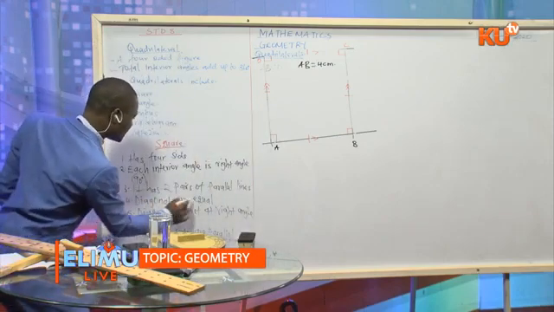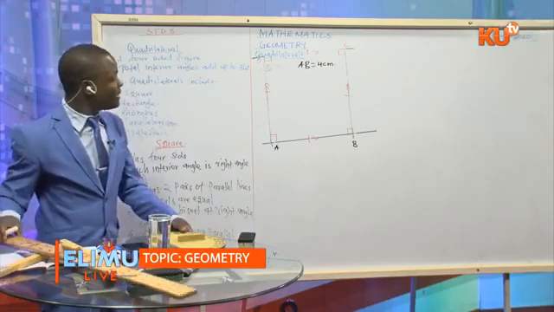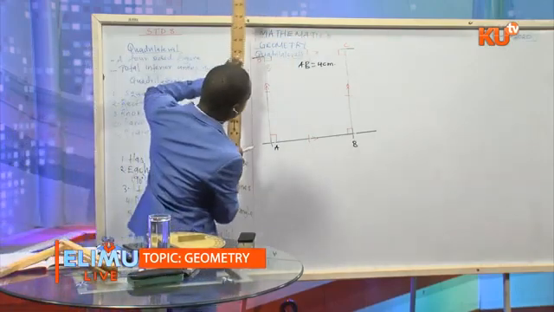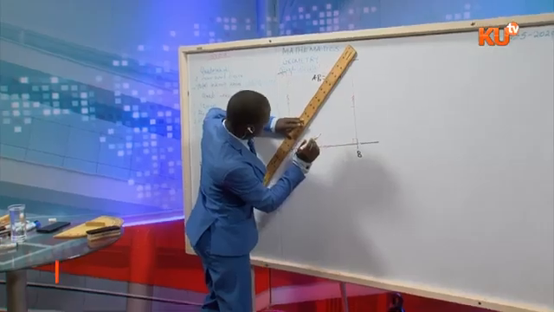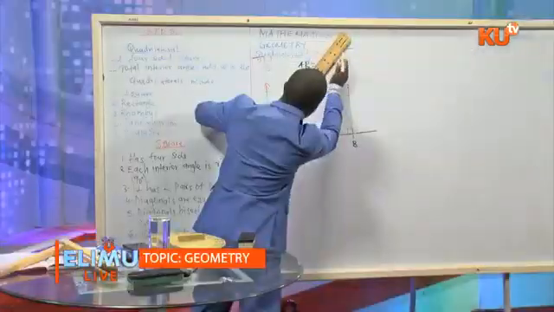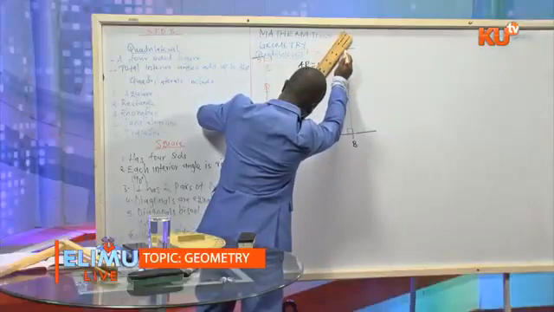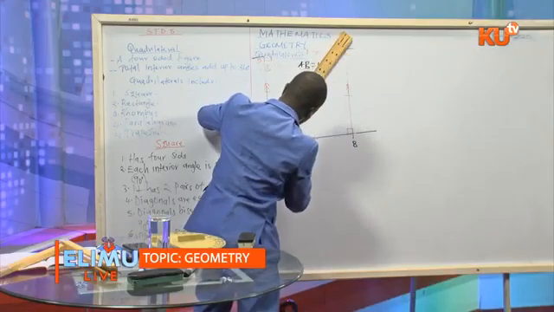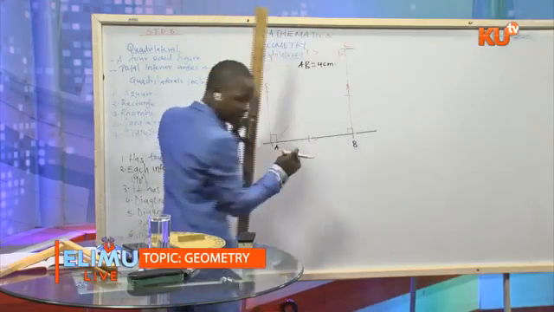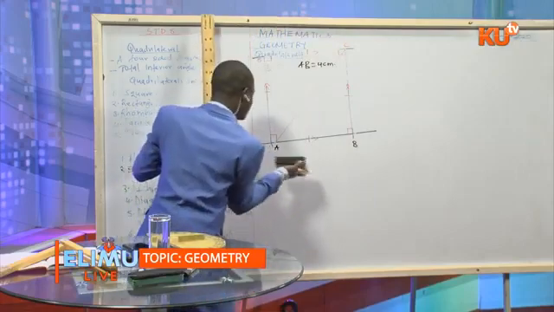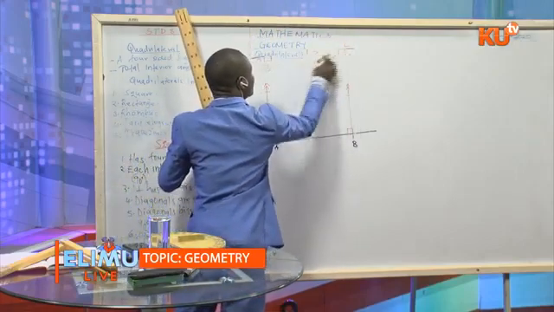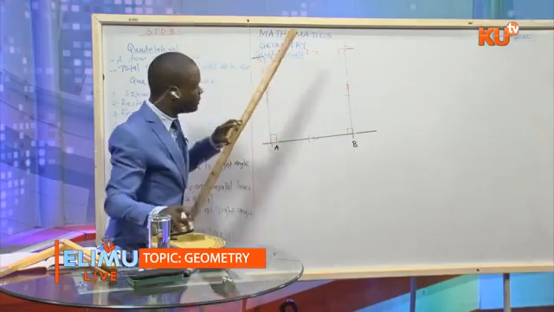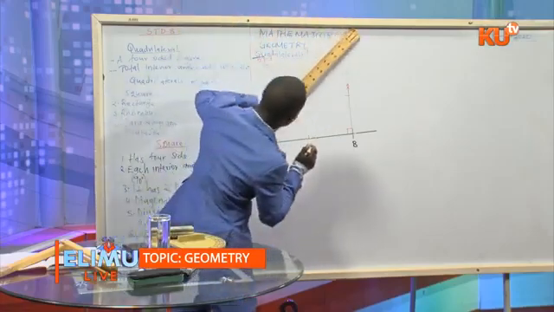We say diagonals are equal. Now, diagonals, we can join line AC, and also I want us to join line BD.